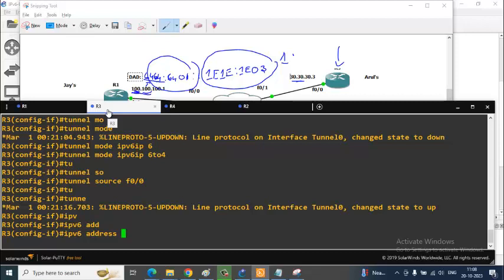There I gave DAD, here it need not be. It can be anything. It can be DDA:1E:1E:1E03::3/64.